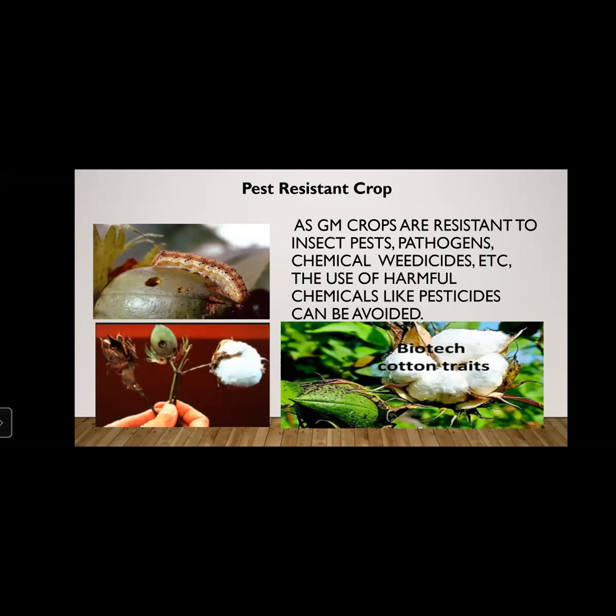Second, the farmer does not need to invest in chemical pesticides, so his money is saved. And now as the crops are pest resistant, a good production is achieved by the farm. So these genetically modified crops are very, very helpful for the farmers.